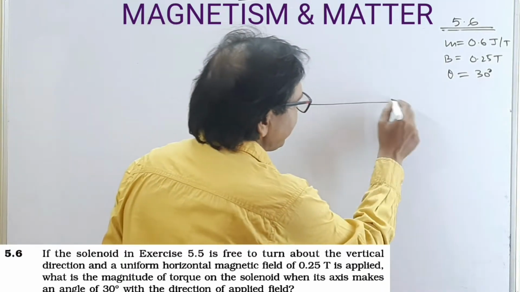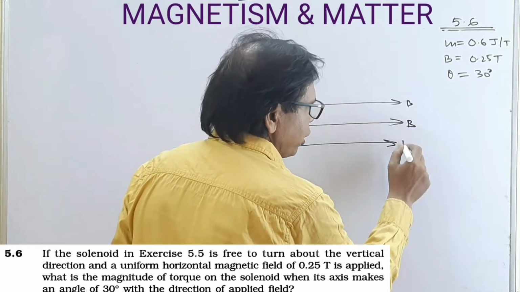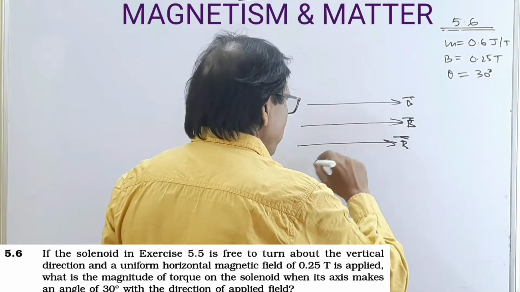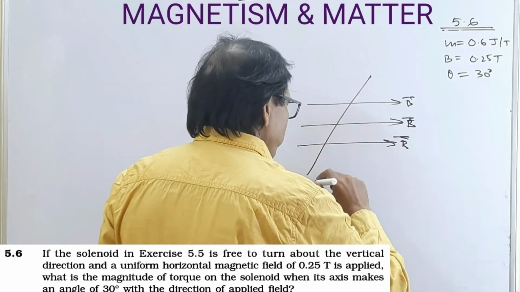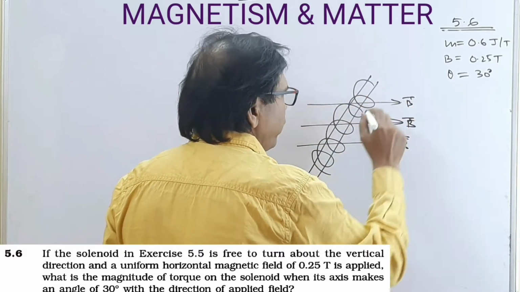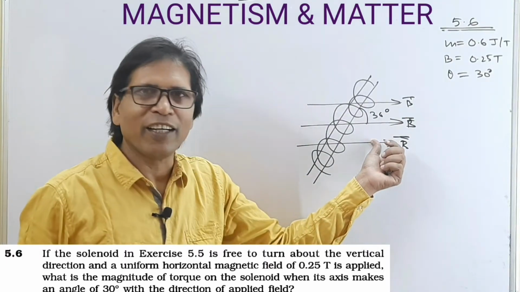This is the horizontal magnetic field, and this is the solenoid, which makes an angle of 30 degrees with the direction of the field.